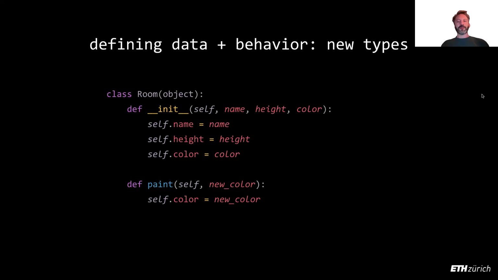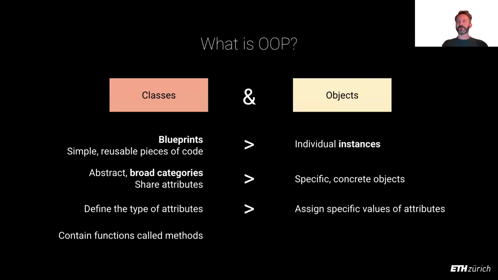And then the next level of abstraction is, what if we want to combine data, like the data types that we have been seeing, and behavior into one cohesive unit? This is what object-oriented programming is, and it's very useful. It's a way of defining our own data types, right? It's a composite data type that also contains its behavior.